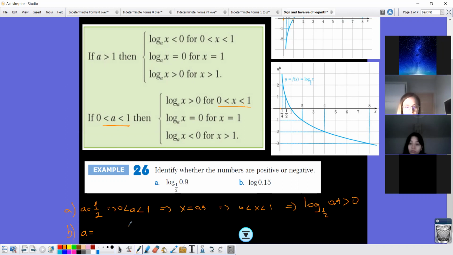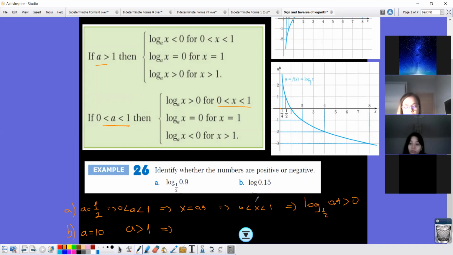So base, in which case were we not writing the base? It will be a. When a is 10, we are not writing anything, yes? So a is 10, the first case. a is greater than 1. Then what is your x, the argument?